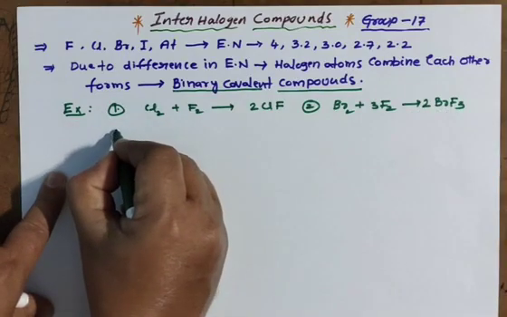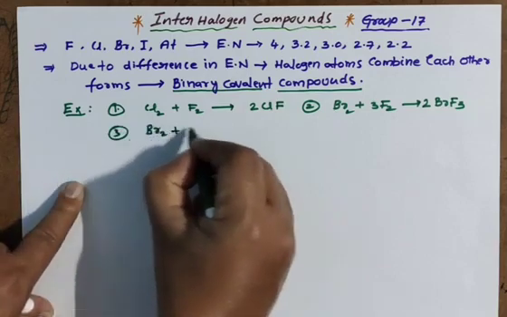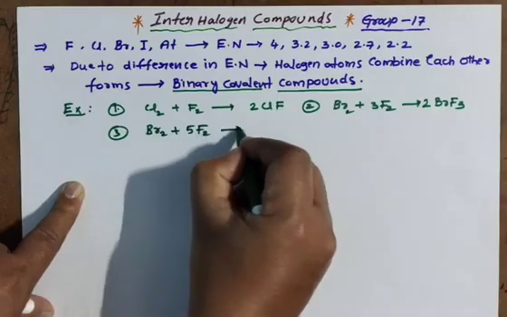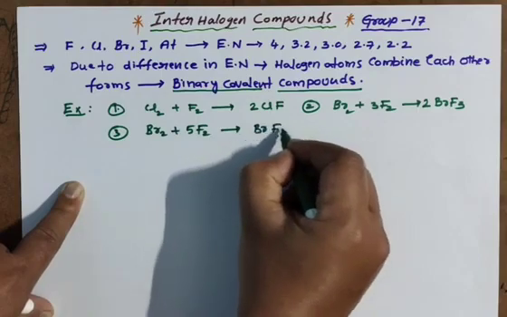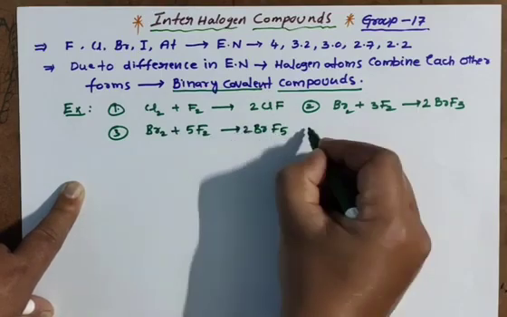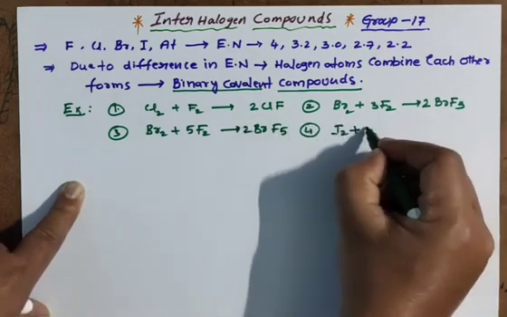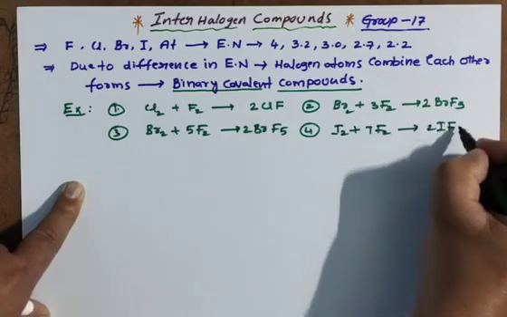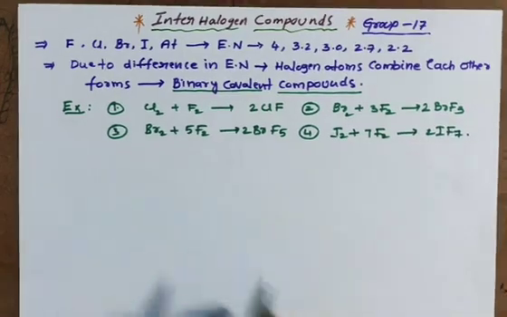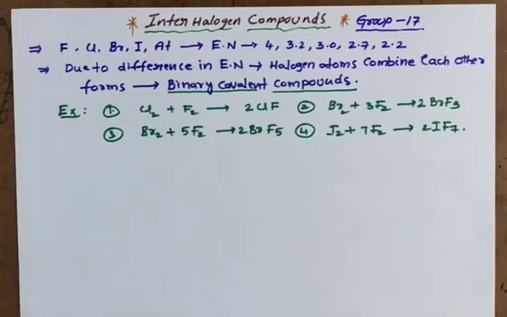Another example, bromine reacts with fluorine to form BrF5. And one more, iodine reacts with fluorine, giving rise to IF7. These we call binary compounds, meaning only between two halogens.